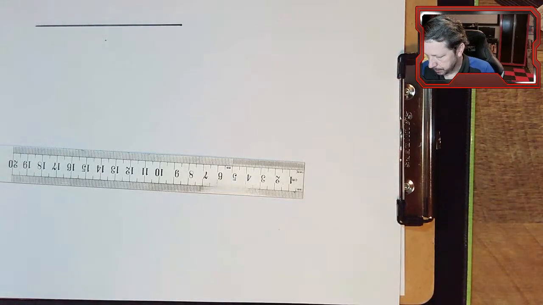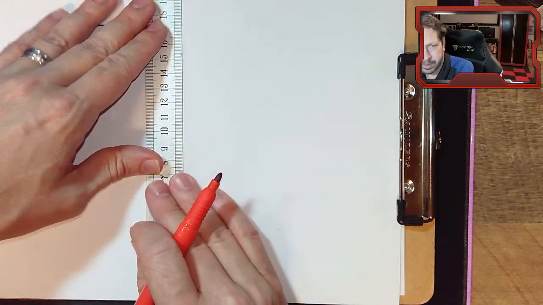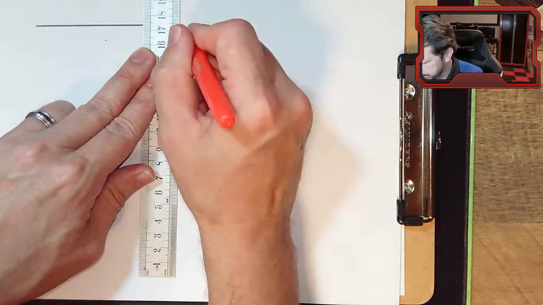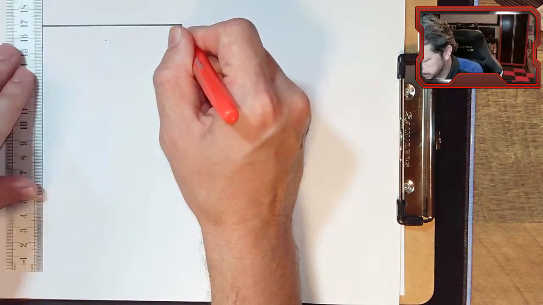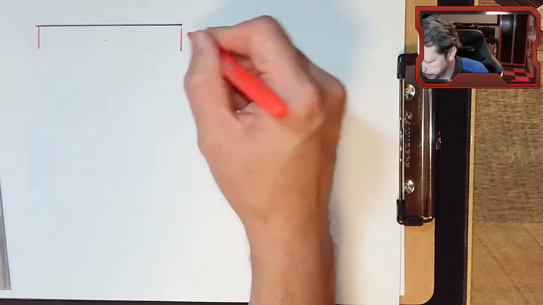Let's put a couple of reactions on the line. One will be, let's just say, a roller over here and a pin over here. It doesn't particularly matter what they are.